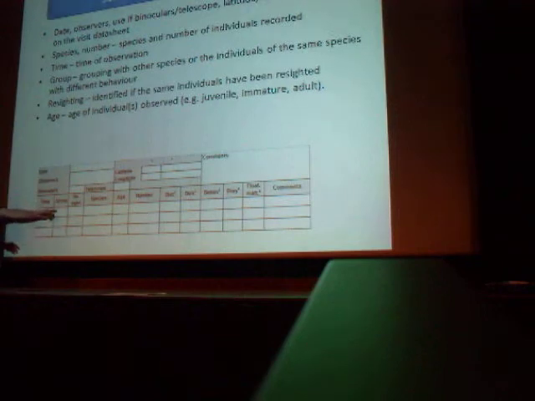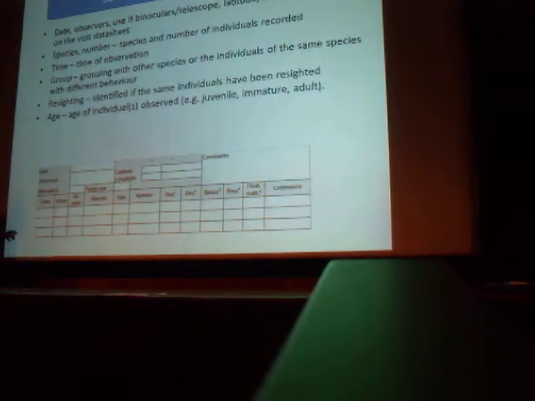Then group is again for when you have 2 different species, let's say flying together or feeding together. You record each species on a separate line and mark them as a single group, group number 1 or group number 10.